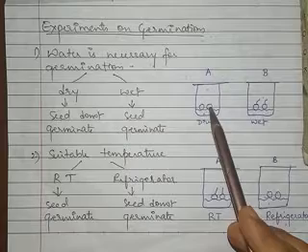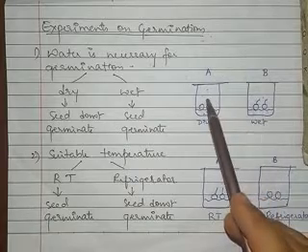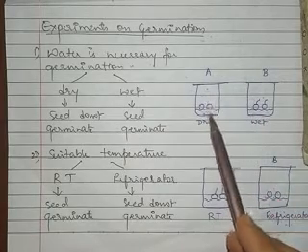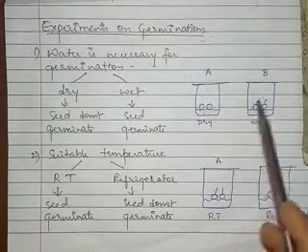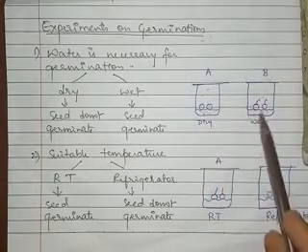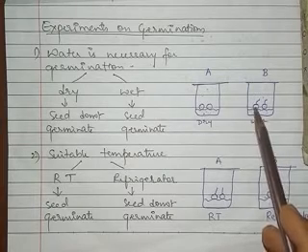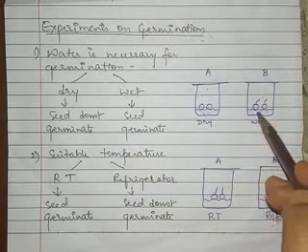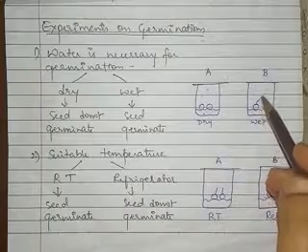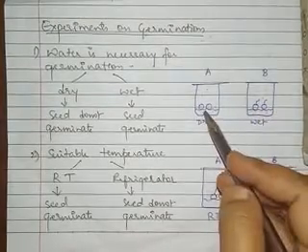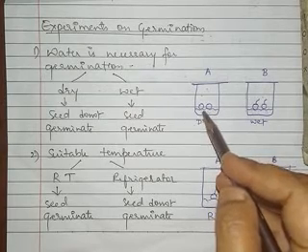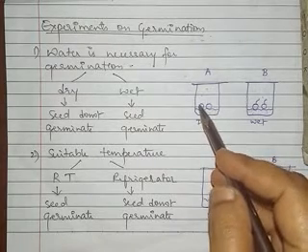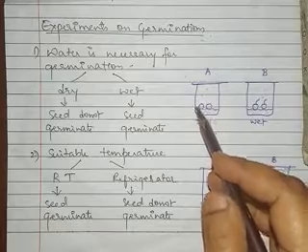Here we are providing the correct temperature and oxygen, but what is missing in beaker A is water. In beaker B, the wet cotton wool provides water to the seeds, so the seeds absorb the water and germinate, whereas in beaker A, the dry cotton wool is present, so water is not available to the seeds and hence they do not germinate.